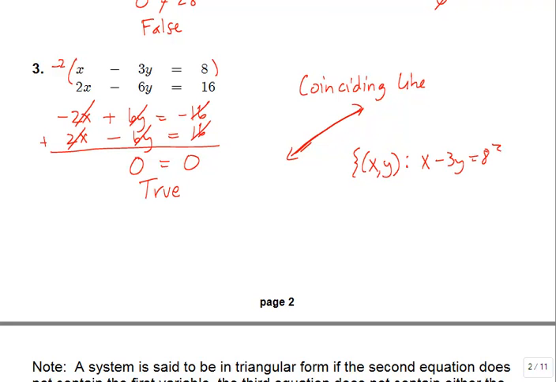It doesn't matter which one, because remember, they're the same equation. And what this is really saying is that our answer is all the points x comma y that satisfy this equation. So I'm only listing the points that are on that line itself, and that would be your final answer.